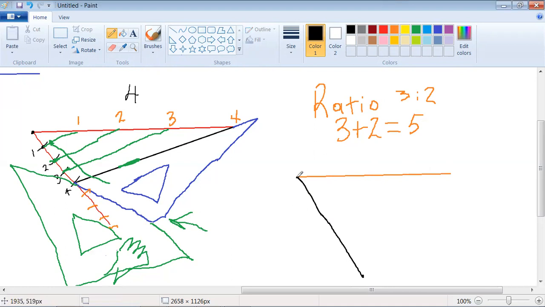From here, you say 1, 2, 3, 4, 5. Always take it from the previous mark, and call it 1, 2, 3, 4, and 5. Always connect the last one to the end of the line. Always do that.